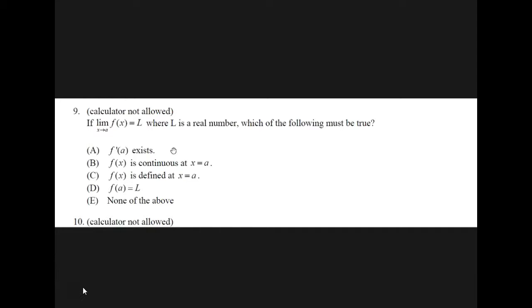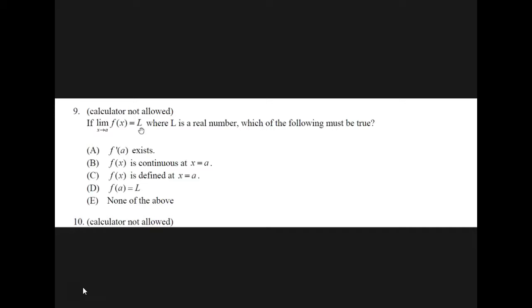So A does not have to be true because just because a limit exists does not mean that it's differentiable, because it could be a sharp curve or cusp. B, f of x is continuous at A. So the limit exists. It doesn't necessarily tell me that it's continuous, because it doesn't mean that there's not a hole.